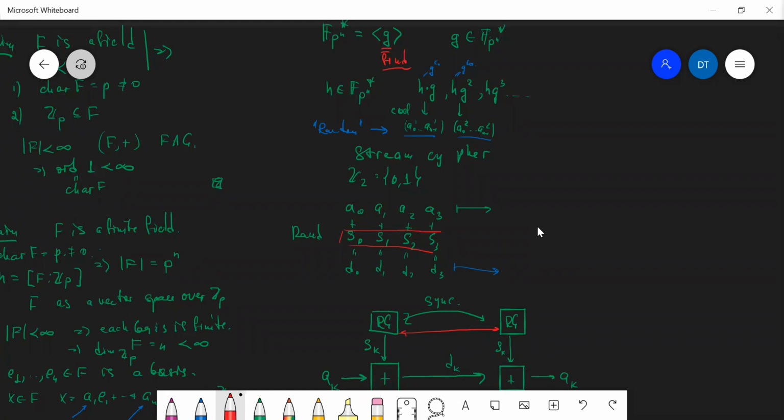G to the A and G to the B are public keys. A and B are hidden. That's the point. You cannot recover A and B in this procedure. I see, because you have to find the logarithm, and that sucks. Yeah, exactly. I misunderstood that you sent G to the power A and G to the power B, respectively.